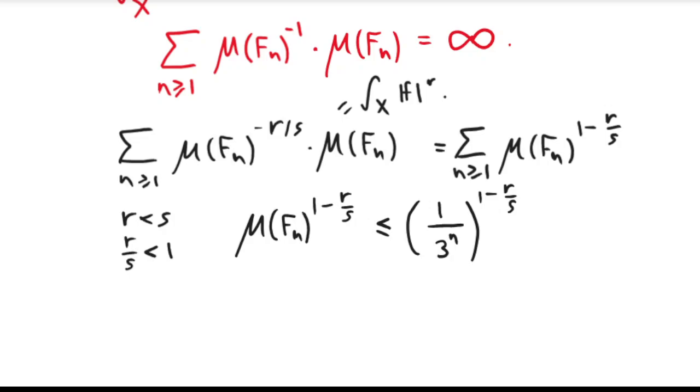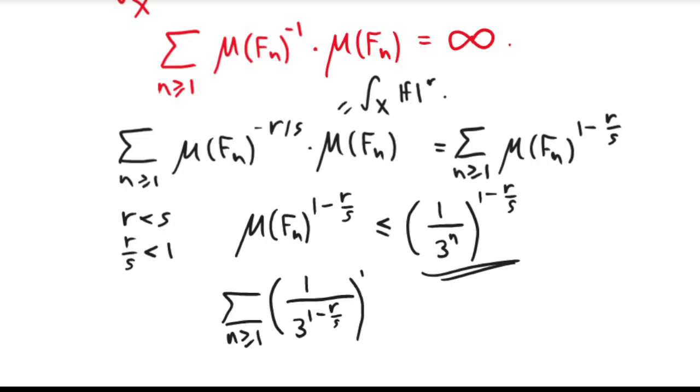Again, recalling that the Fn were constructed so that they all have measure no larger than 1 over 3 to the n. Okay, but then if you think about the geometric series, if you think about the sum of these values for n greater than or equal to 1, another way to write this is like this to the n power. And you can see that the common ratio here is less than 1, and so this is definitely less than infinity.